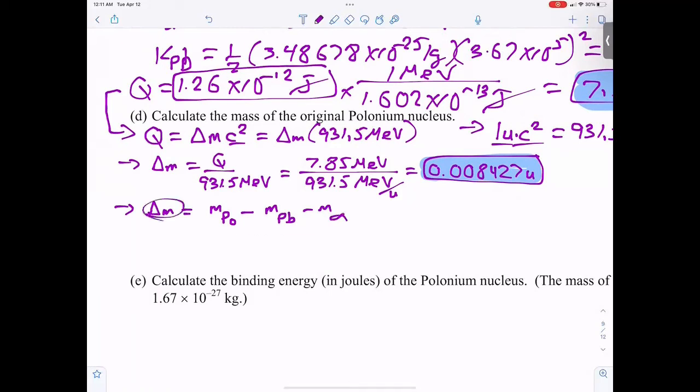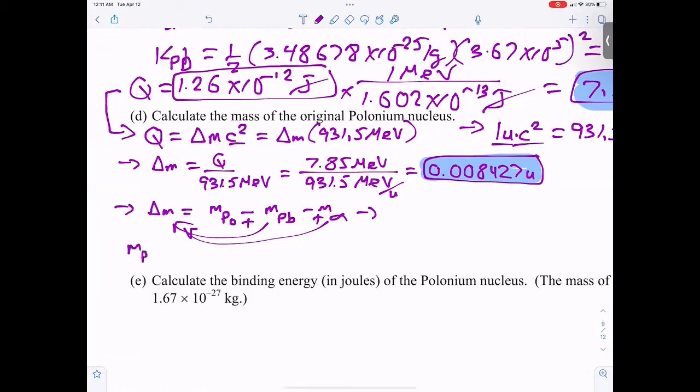That's the difference in all three of these. So the mass of the polonium, if you add the mass of the lead and add the mass of the alpha particle, you get the mass of the polonium. So that's how we figure this out.